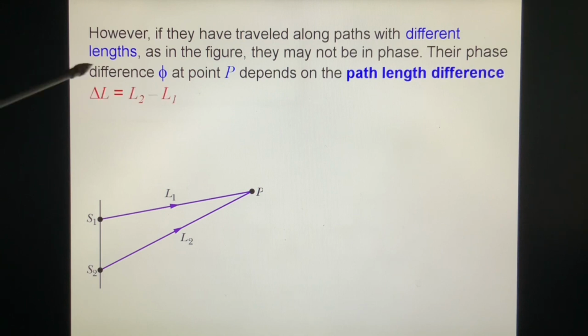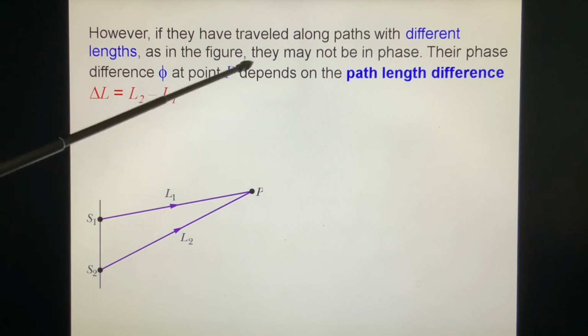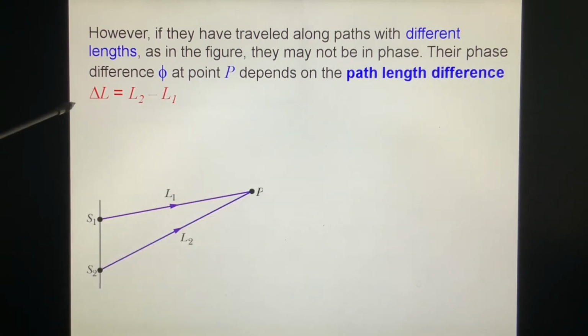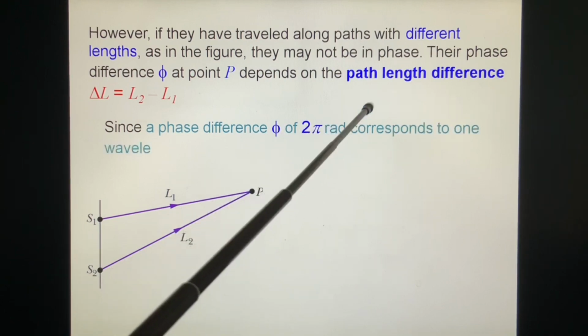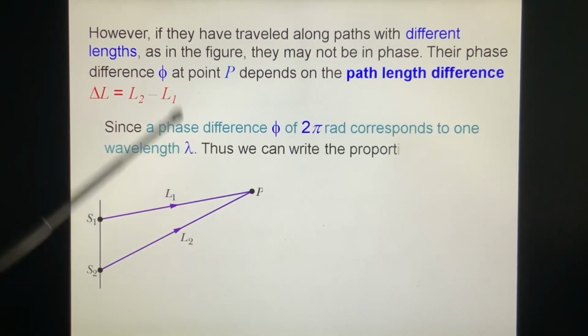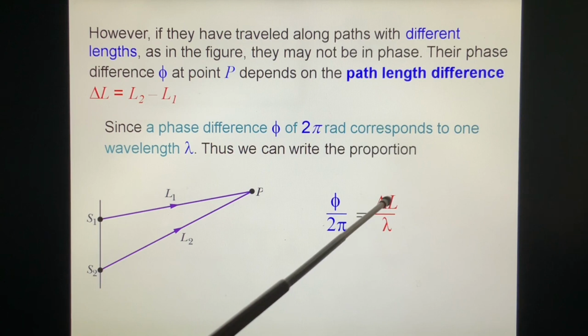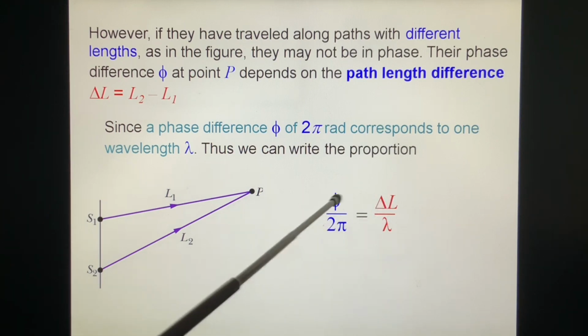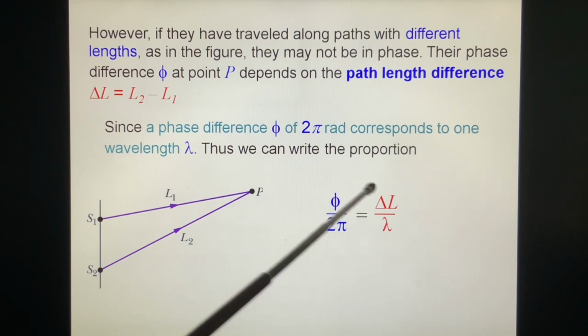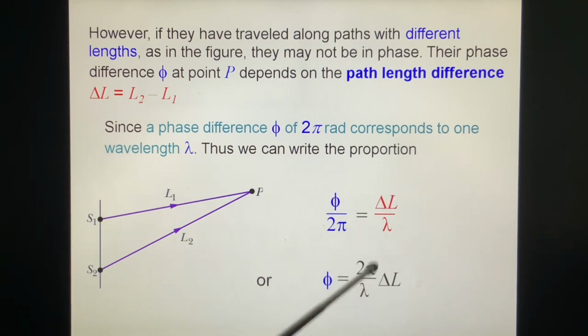Their phase difference phi at point P depends on the path length difference delta L equals L2 minus L1. Since a phase difference of 2 pi radians corresponds to one wavelength lambda, we can write the proportion phi over 2 pi equals delta L over lambda. So phi equals 2 pi over lambda times delta L. From delta L, we can find the phase difference between the two waves.